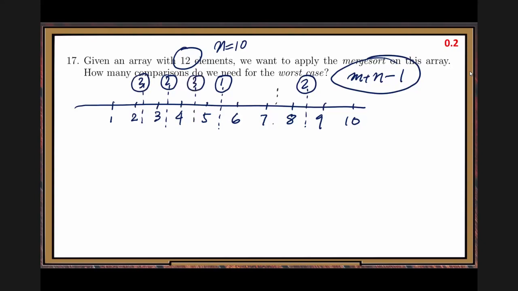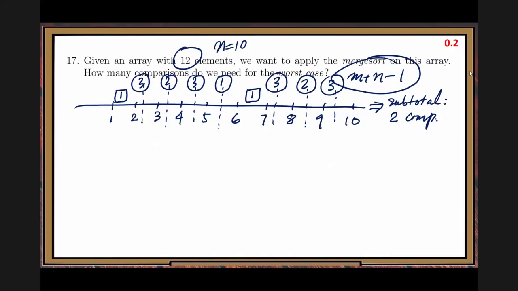And because in the last round we just use one comparison to sort it, we do not split another round. So this gives us subtotal, 2 comparisons. Now, merge.